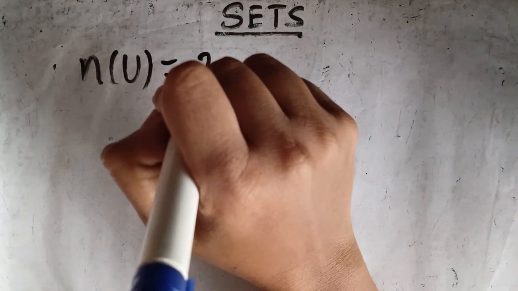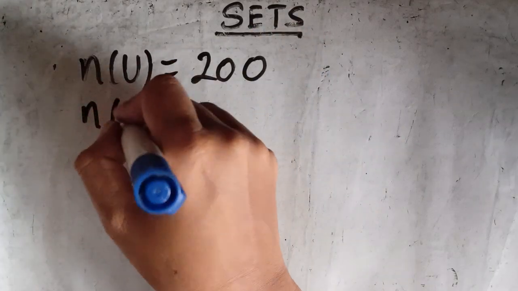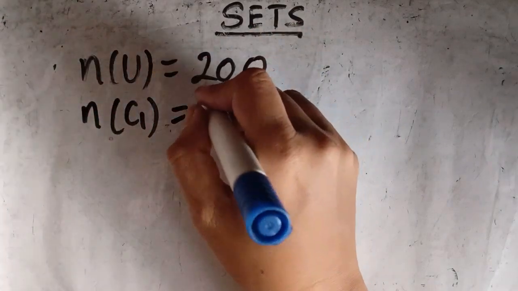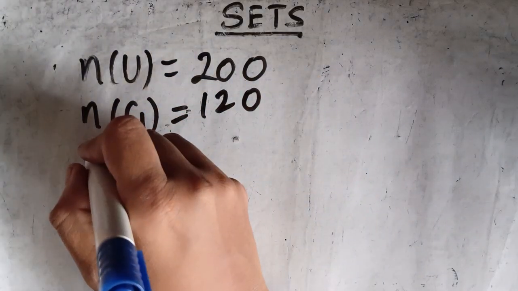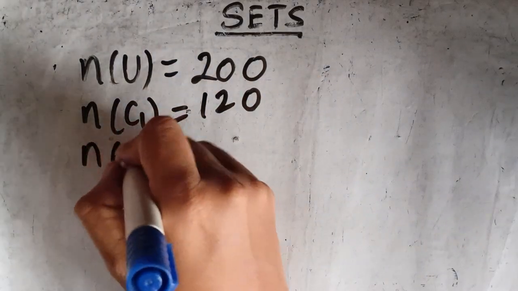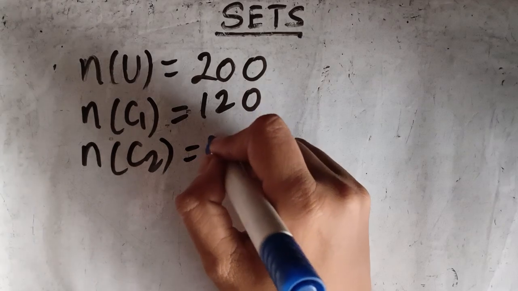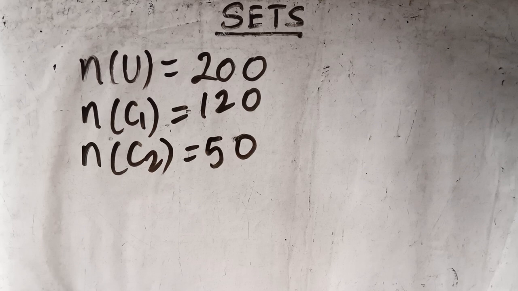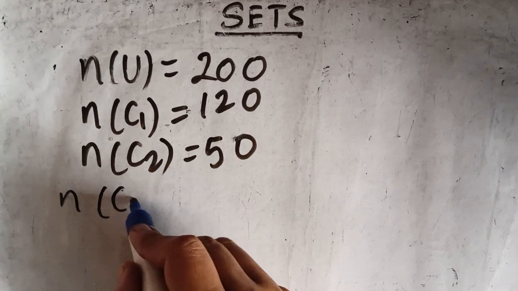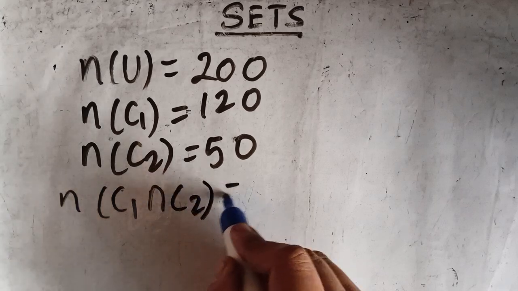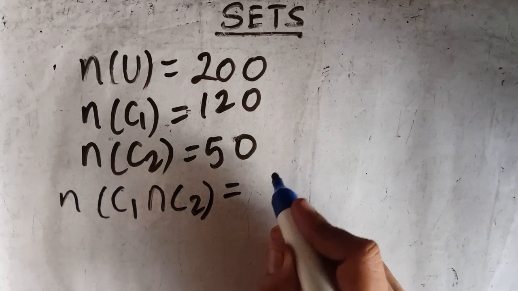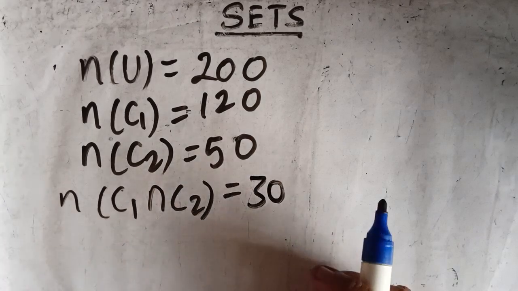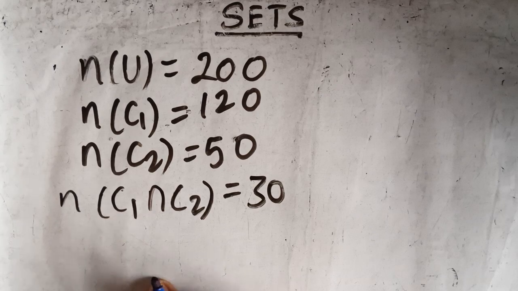Then 120 are exposed to chemical C1 and 50 to C2, and 30 to both the chemicals C1 and C2. So this is the intersection, 30. You have to find the number of individuals exposed to C1 but not to C2.